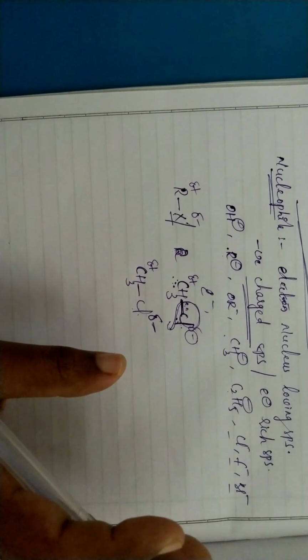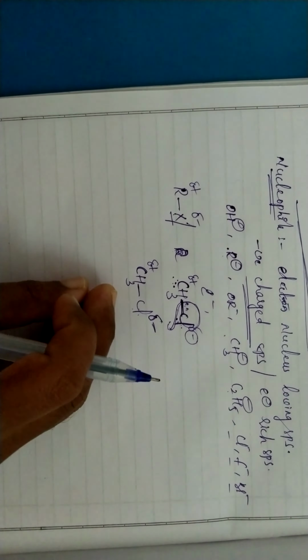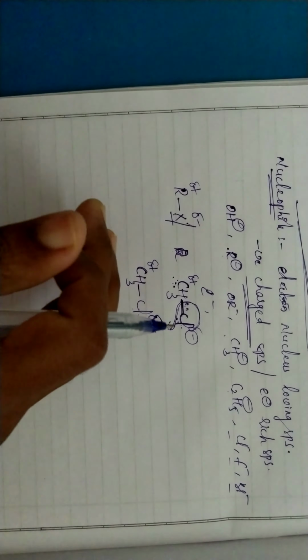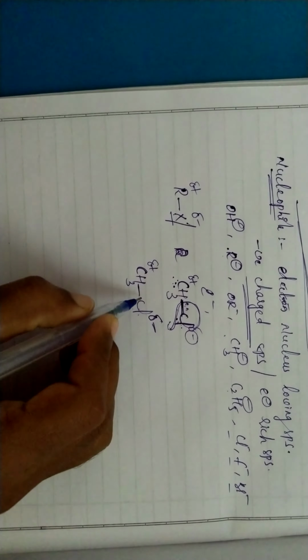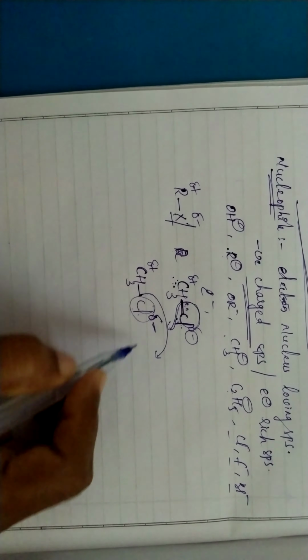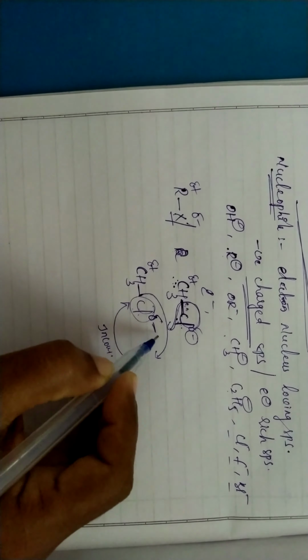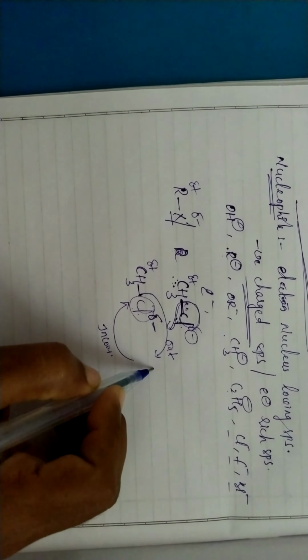Substitution means one group should go out, and in the place of that group another group will come and sit on that place. Here the chlorine is going out, and in its place another group will come. That is called the incoming group, and this is the outgoing group.